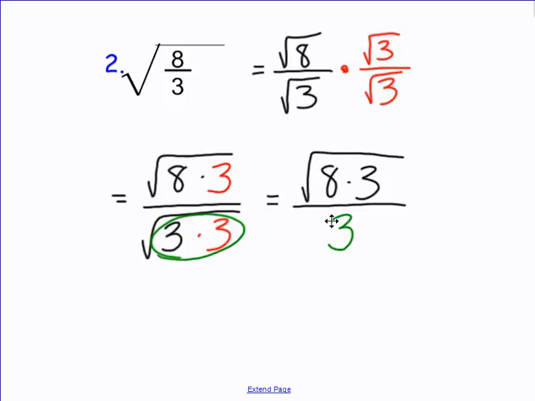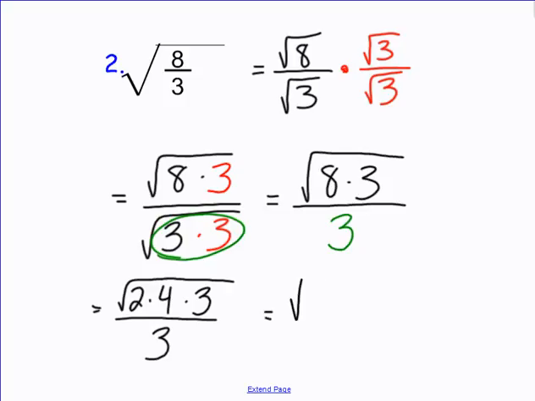So if you look at the numerator, that's why I didn't touch that right now, I have an 8 and a 3, but that 8 I can break down a little bit. So I'm going to rewrite this. I'm going to break down that 8 into 2 times 4, and I can break up that 4 again.